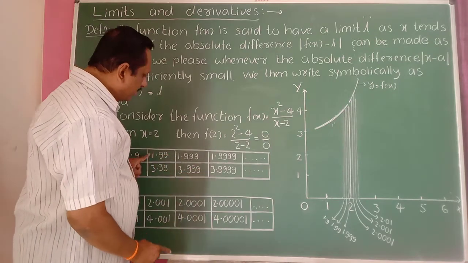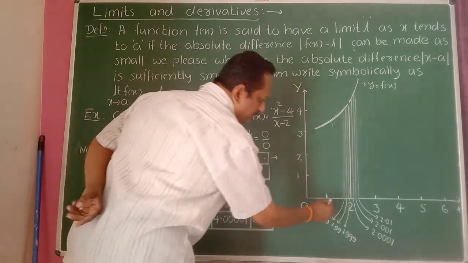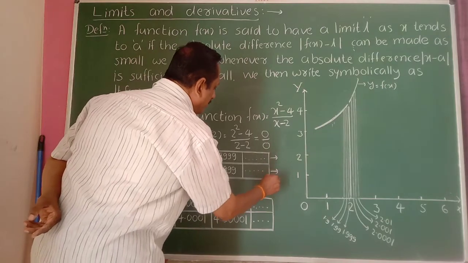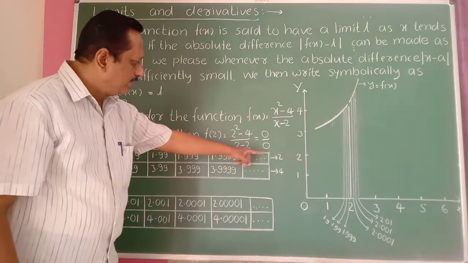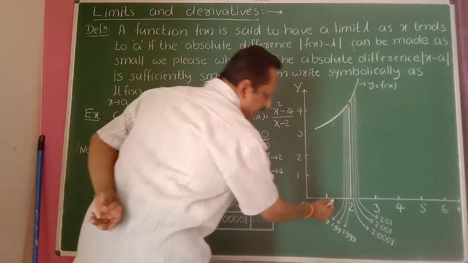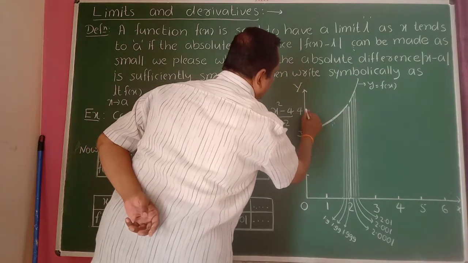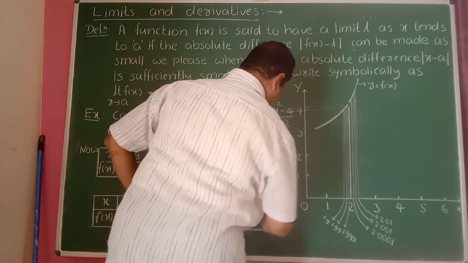Therefore, as the value goes nearer to 2, f of x gets nearer to 4. When x tends to 2, f of x tends to 4. Just observe exactly at this point, consider this the point 4.